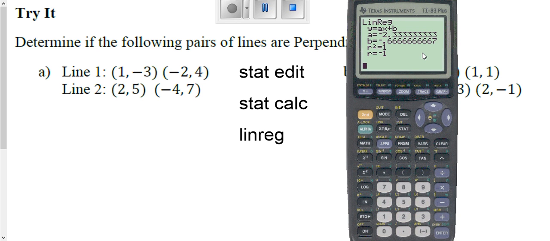Ooh, this is where it gets a little rough. I think I'm going to pause right here for a second. Now here's an example where it might be a little easier to do it with the slope formula, instead of getting this ugly decimal that we have to turn into a fraction. Let's see, what can I do?